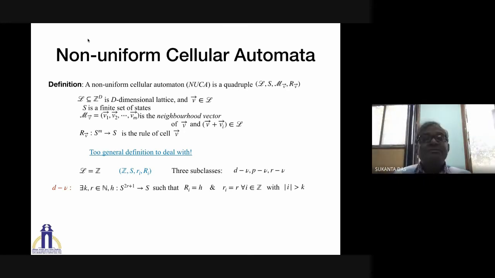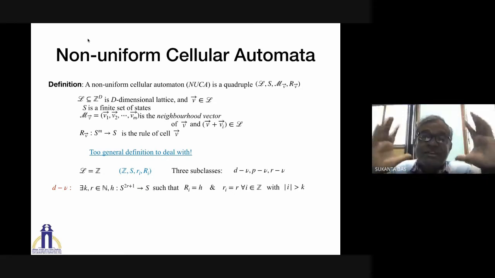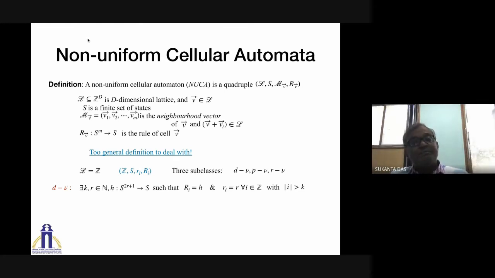But beyond that place, all the cells use a default rule, and that default rule is h. So when defining this d-NUCA, in the definition I have to specify the value of r, the value of k, as well as this h. Then you specify the rules to be used by the CA in that finite place. So this is d-NUCA.